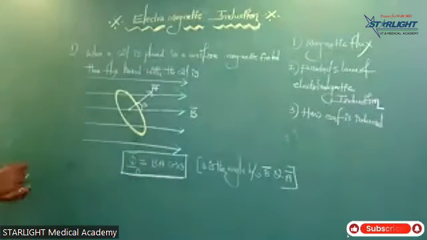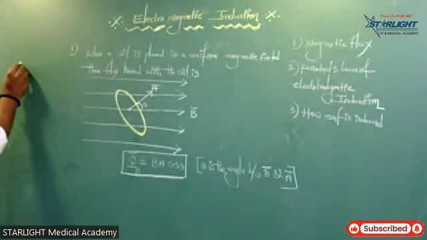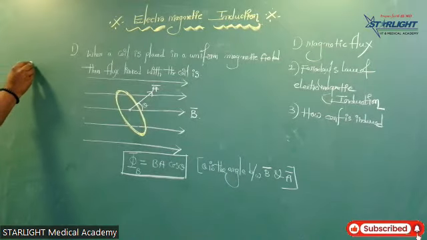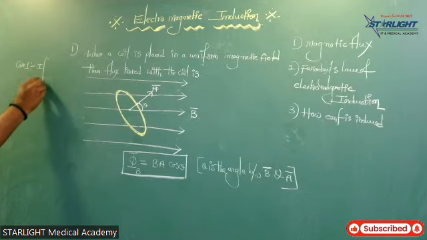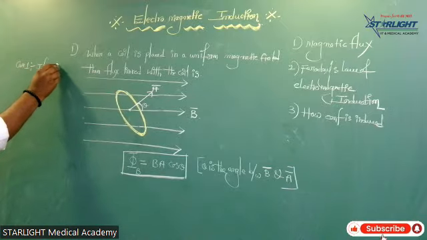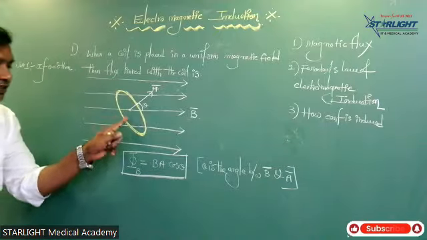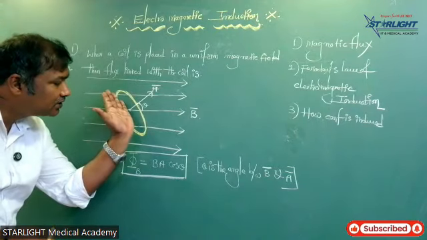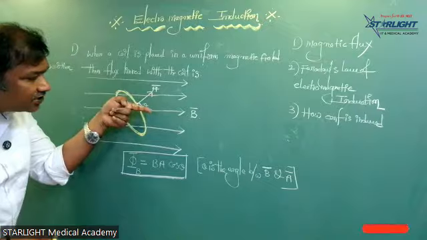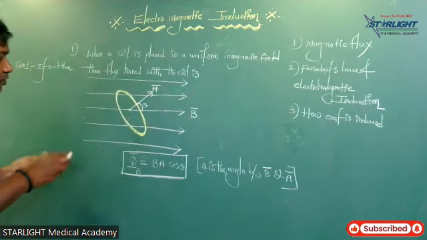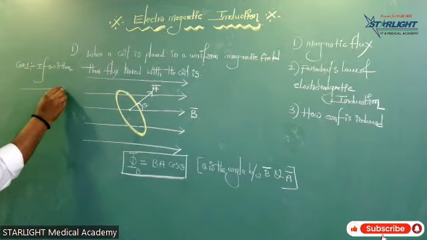Okay, in this one, case 1. If theta is equal to 0 degrees, then theta 0 degrees means the coil position changes. So A bar is in the direction of B bar. చూడండి ఇంకొక డయాగ్రామ్ వేస్తున్నాను.